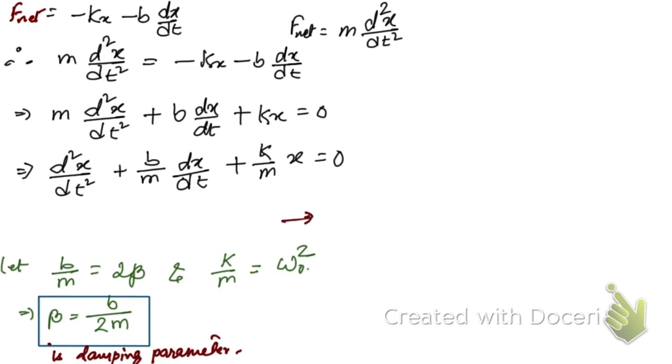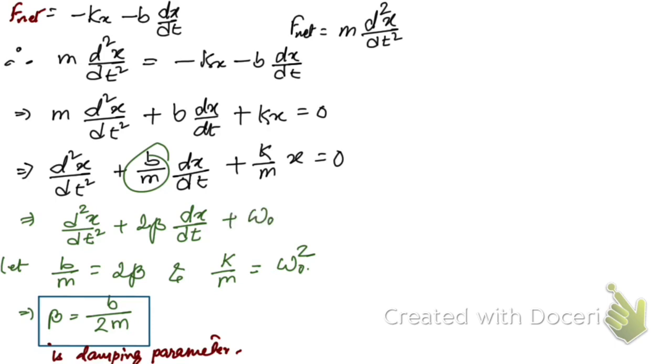Now if that is the case, the above equation can be written this way: second order derivative of x with respect to time t, plus, instead of b by m we write 2 beta, times the first order derivative of x with respect to time t, and instead of k by m we write omega naught square x, is equal to 0. So here we have got this differential equation.